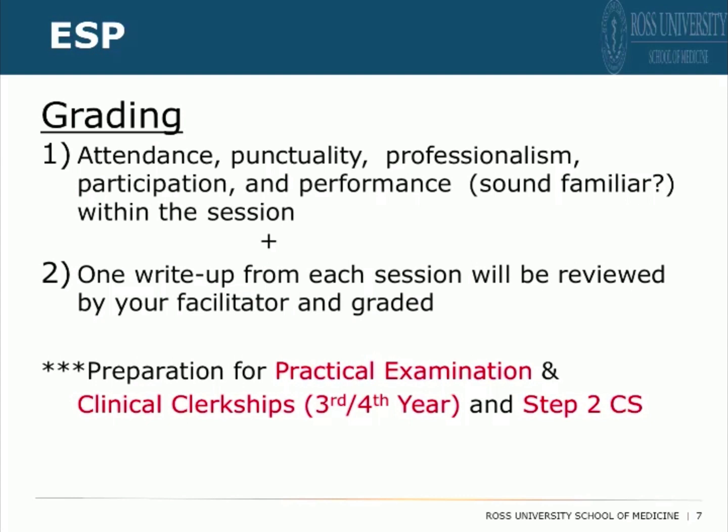The other component of the grade is your write-up. Each write-up will be graded by your facilitator. This activity is designed to not only help you with your practical exam at the end of the 3X04 semester, but also help prepare you for your clinical clerkships in your third and fourth year, and get the ball rolling for the Step 2 CS exam, which this activity is modeled very much after.